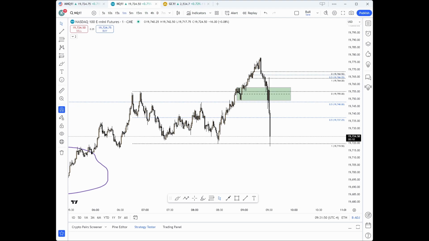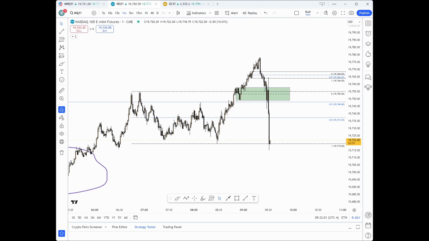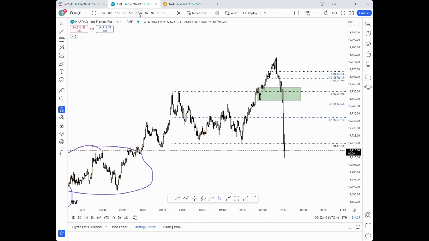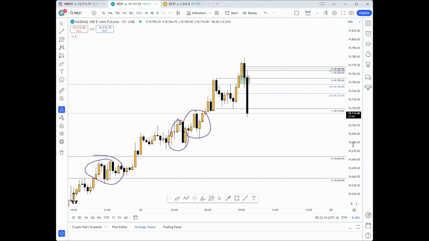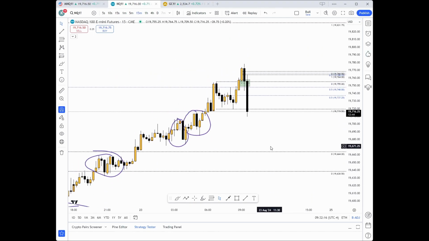And if it decides that it's going to be a higher time frame shove, then we'll know pretty quick. Well, by pretty quick, I mean 12 minutes.